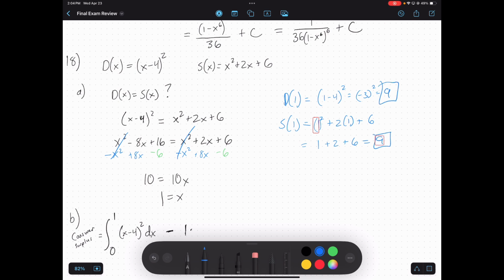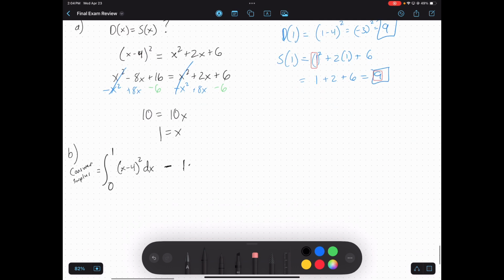So to get that price, you just plug it into either of your two equations to see what you get. So that tells me I'm going to be selling one product at a price of $9. So 1 times 9. That's my actual revenue. That's the amount that the customer actually pays.